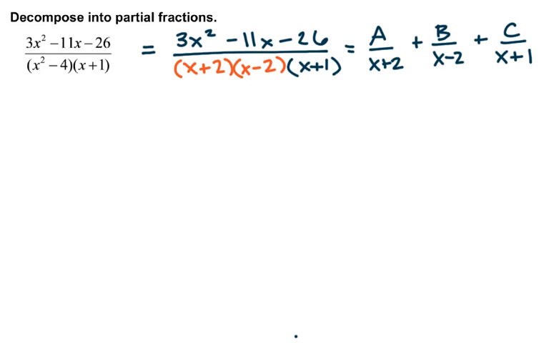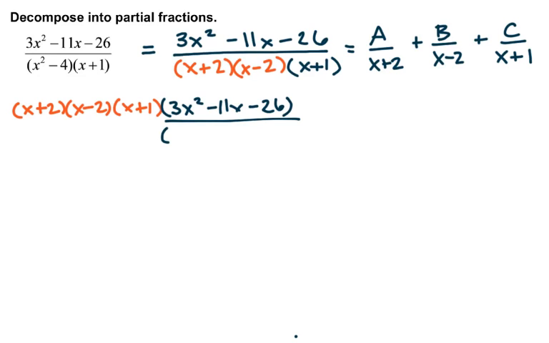So in this situation, we're going to multiply by the LCD to clear the fractions. And I've got x plus 2, x minus 2, x plus 1 as my LCD. And I'm going to multiply that by 3x squared minus 11x minus 26 all over x plus 2, x minus 2, x plus 1. And then I'm going to multiply that LCD by each term. I'm going to have to write this on multiple lines here.